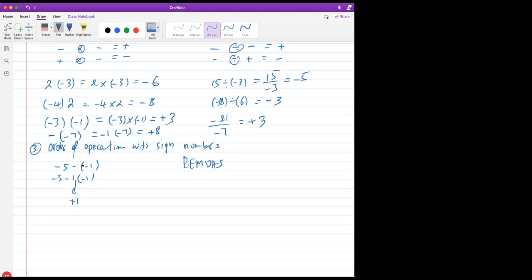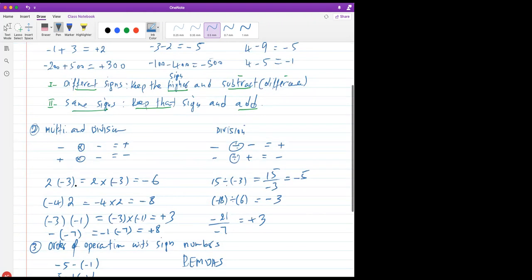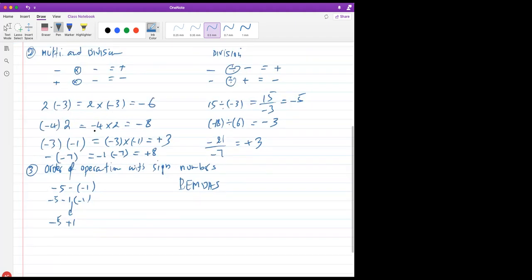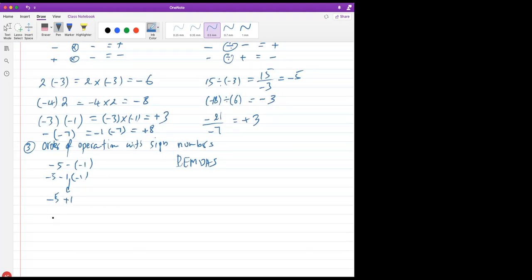Whenever you see a double negative, just turn it into a positive right away. Bring down the negative 5. So we're done with the multiplication. Now it's an addition or subtraction. What is this equal to? Equal to negative 4. Very good. So we pick the sign of the higher number, which is negative, and the difference of the numbers: 5 take away 1 is 4.